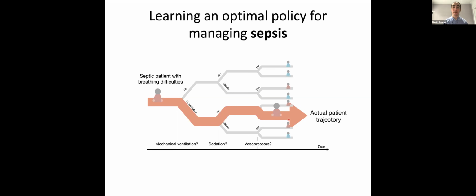Had they taken a different trajectory through this path of decisions, they would have a different set of outcomes. But we only observe one actual patient trajectory in the data set because doctors did one series of actions to them. Had doctors done a different series of actions, then we might have gotten a different set of outcomes. And one of the challenges in trying to learn an optimal policy for managing sepsis is that there are a large number of possible actions, but only some of them are observed in the data. I'll get back to that in just a minute.